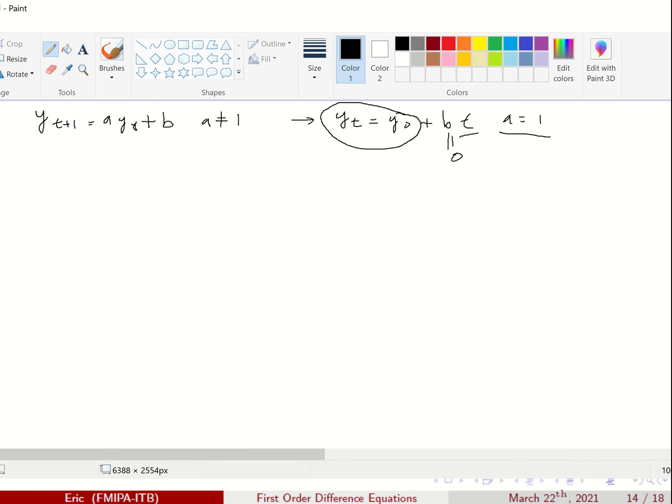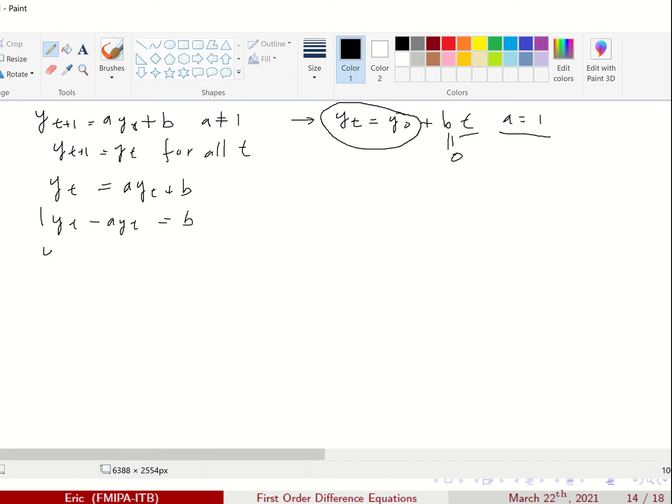Very easy. What about when a doesn't equal 1? Don't forget yt+1 equals yt for all t. This means yt+1 equals yt equals a yt plus b. So this is yt minus a yt equals b.